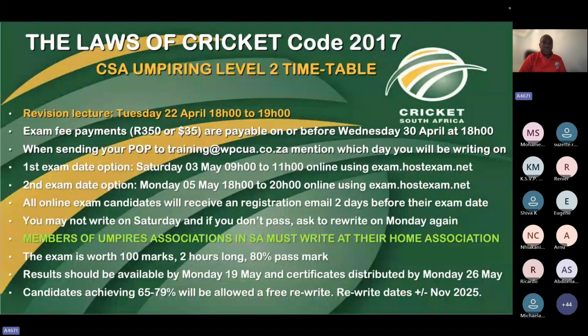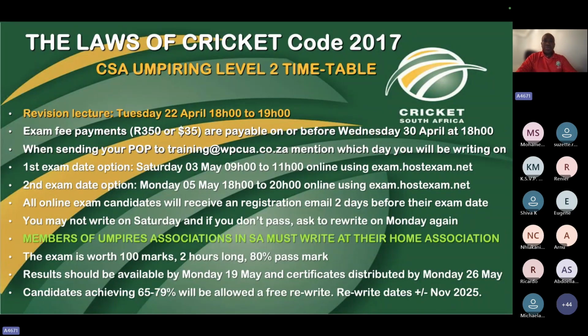So that means if you do not pass level 2 with us now, you will not be able to join the level 3 course in June, July. You will only be allowed to rewrite in November 2025. I hope that clears up any questions you all have of the logistics.